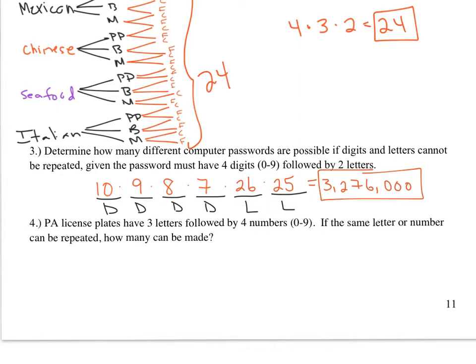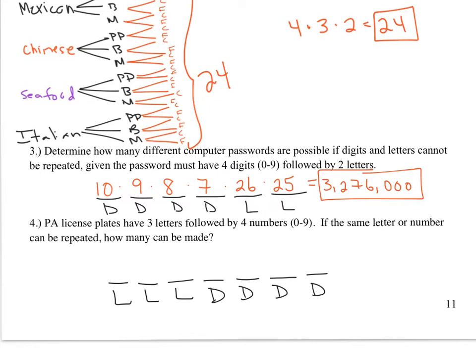For part B, or number 4, PA license plates have 3 letters followed by 4 numbers. If the same letter or number can be repeated, how many can be made?